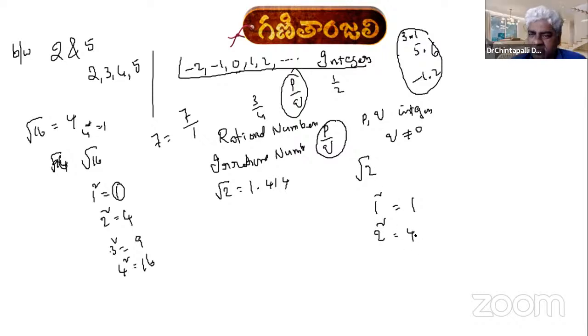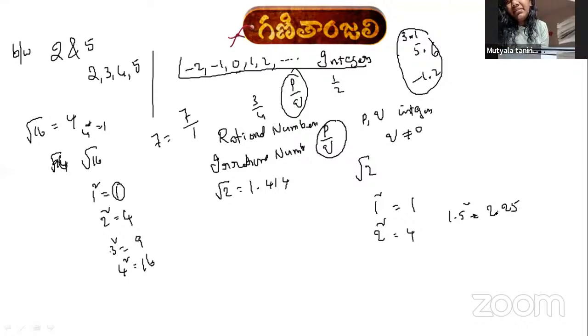It is more than 2. So root 2 is less than 2 and greater than 1. Let's take 1.5. 1.5 square is 2.25. It is more than 2. So its value must be less than 1.5.